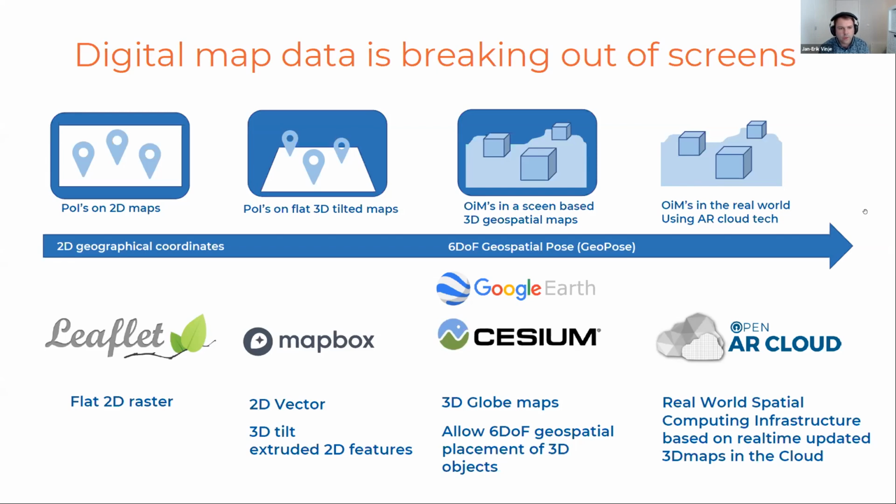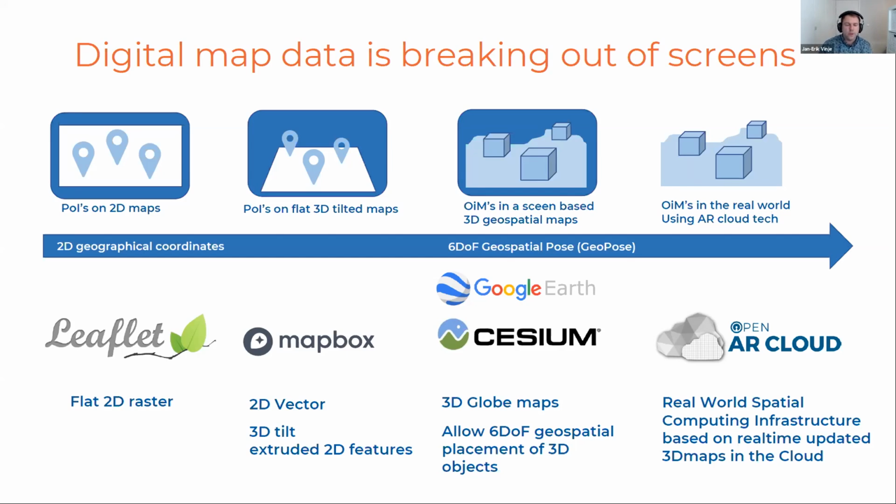So if you're looking at the starting point, we have POIs on 2D maps. Leaflet is a library for web maps that displays flat 2D raster tiles. You could put POIs on top of that. Then they are in the realm of 2D coordinates.